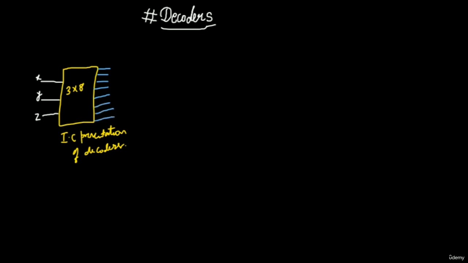On the basis of the numbering, we start with 0, as in all things: D0, D1, D2 and all the way up to D7. So 3 inputs we have and 8 outputs. I hope I made my point clear here.